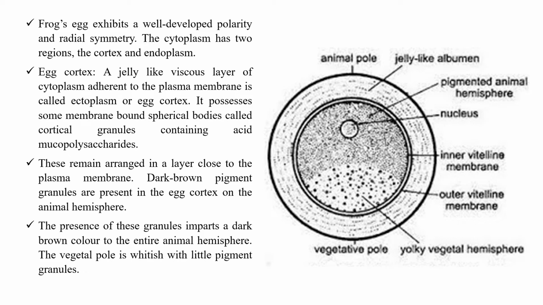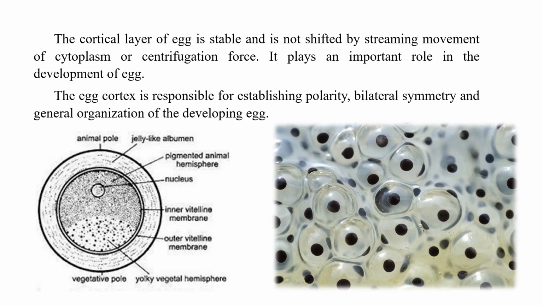And the vegetal pole of the amphibian oocyte is whitish in color, and a very little quantity of pigment granules will be present in the vegetal pole. The cortical layer of the egg is stable and it is not shifted by streaming movement of cytoplasm or centrifugation force.